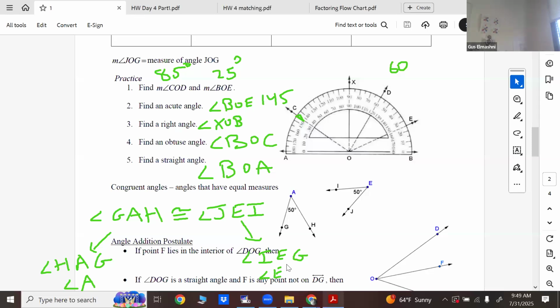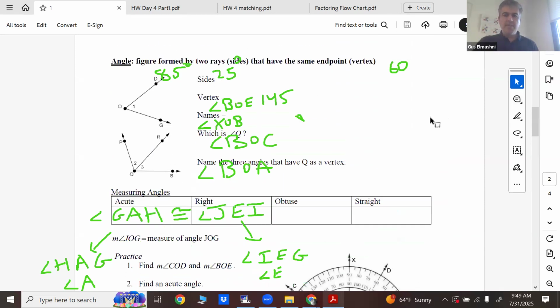That's fine. Where it does get a bit ambiguous is going back up top. Actually, before I move up, any question on this? So again, you call it GAH or HAG, or just angle A straight up, because that's the vertex. Where it does get a bit ambiguous is the second angle here on this page.